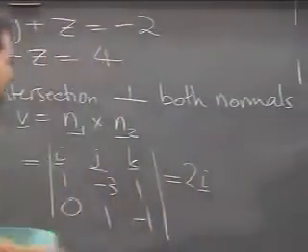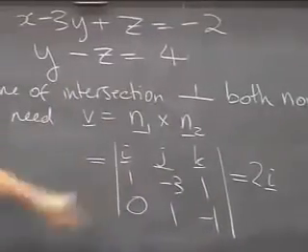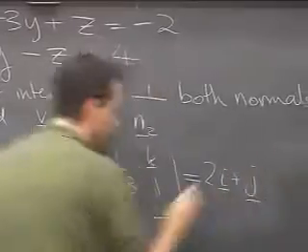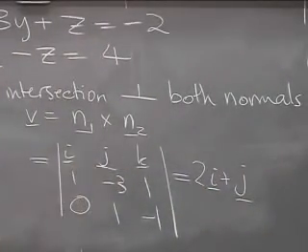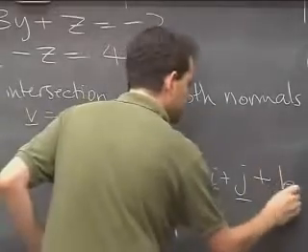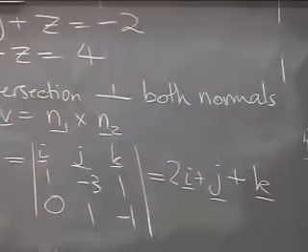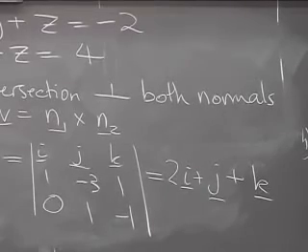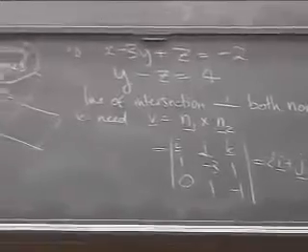There's the 2i. For j, I get minus 1, but of course there's a minus, so it will be plus 1. As for the k, I get 1 times 1, and that goes away because of the 0. So we've now found, I haven't finished the example yet, a vector that goes along the line. That's a slope vector v.